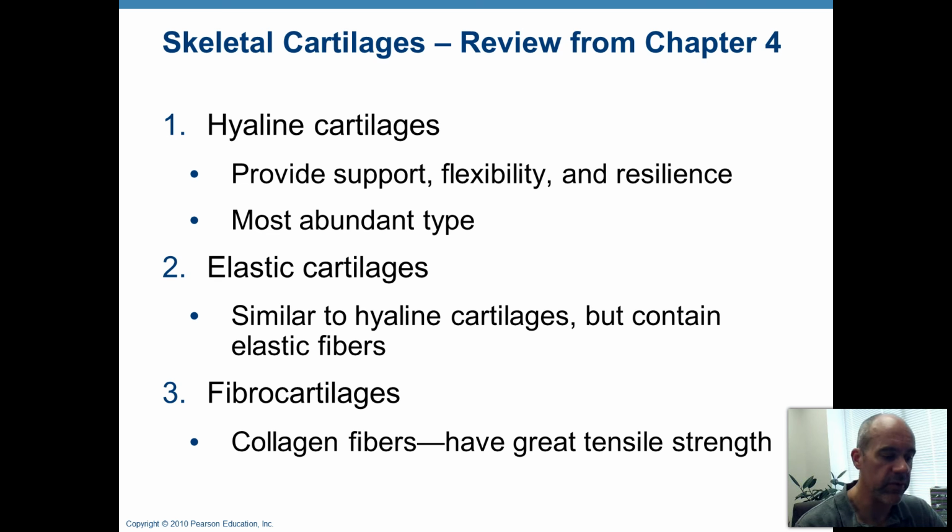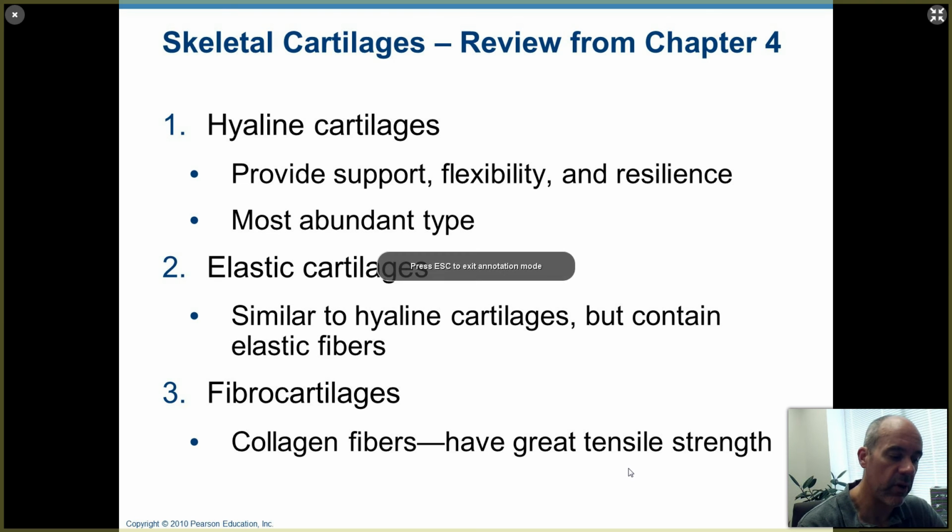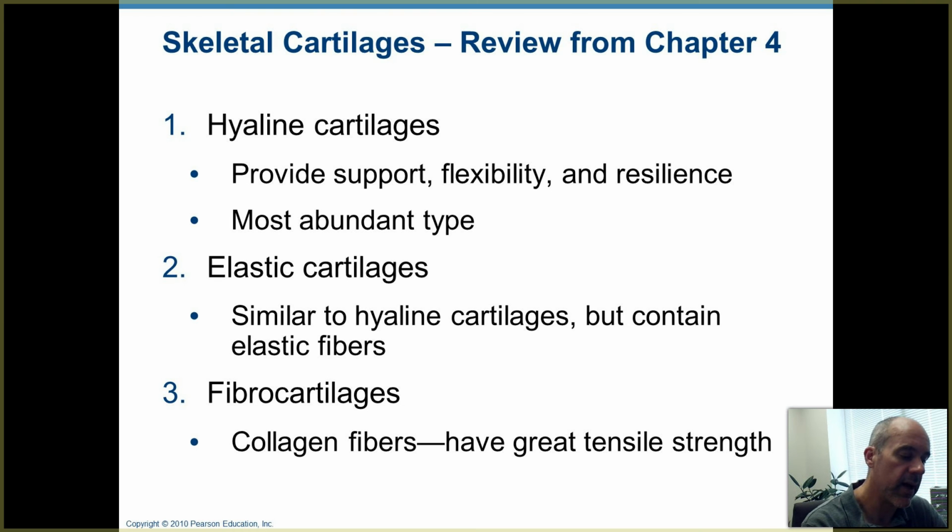Just a quick review from chapter 4, the different types of cartilages that we have in the body. Hyaline cartilage is the major type, and it provides some support, flexibility, and resilience to the ends of the bones. Imagine if at your joints you had bone coming into close contact with bone, two hard bones rubbing up against each other.